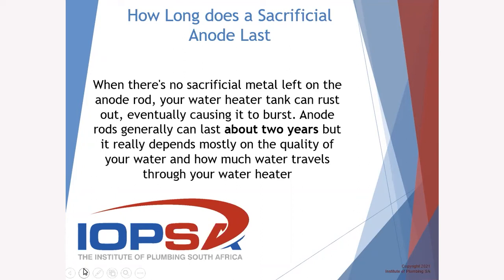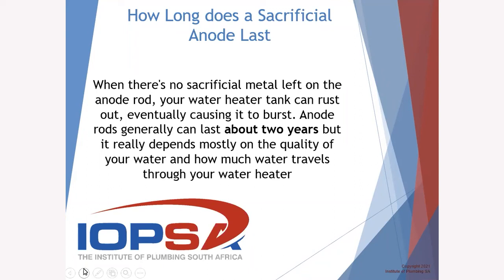So I can tell you now that in the Western Cape, for example, generally speaking, an anode should be replaced every 18 months. But that is general. There are areas, for instance in the southern suburbs, where from one suburb to another suburb, the water hardness or softness can differ.